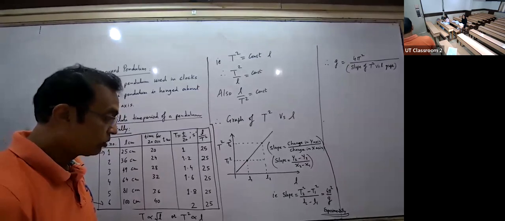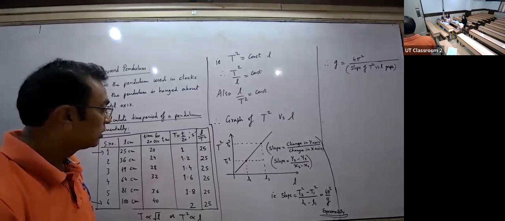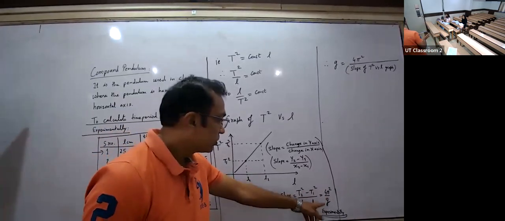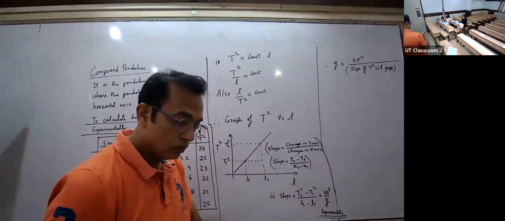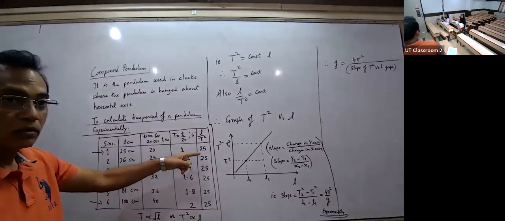See, it's coming to be 4. Right? That's what we were expecting. So this value is coming to be equal to 4, right? That's what we have.